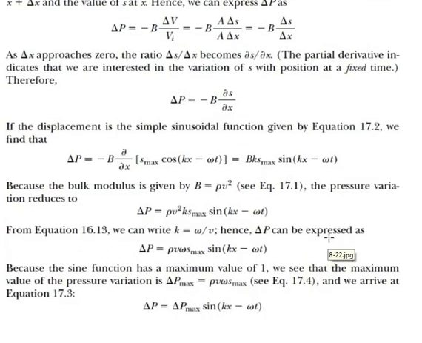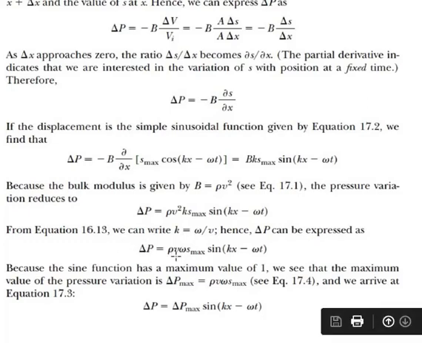Now, as from the first equation we know that B is equal to rho v square, if we plug in that value, we get delta P is equal to rho v square k s maximum into sine of kx minus omega t, and using the value of k is equal to omega over v, we get delta P is equal to rho v omega s maximum into sine of kx minus omega t.